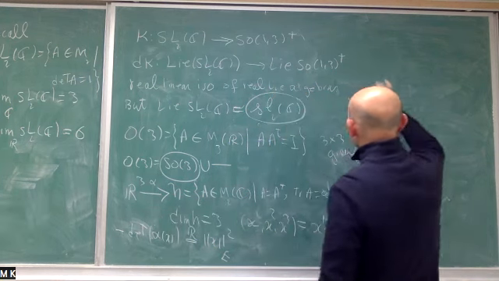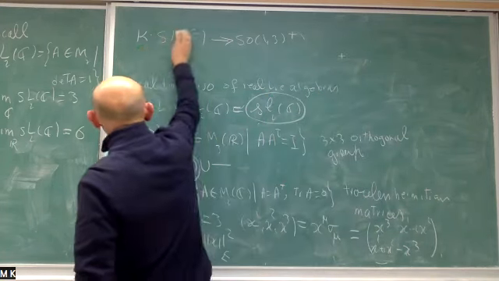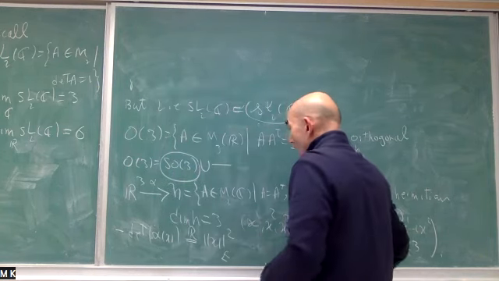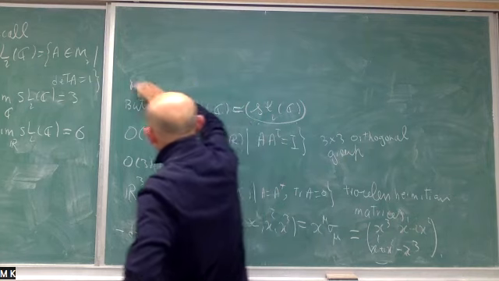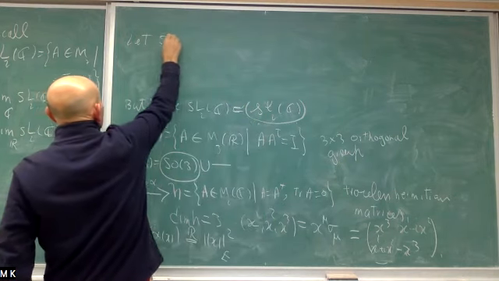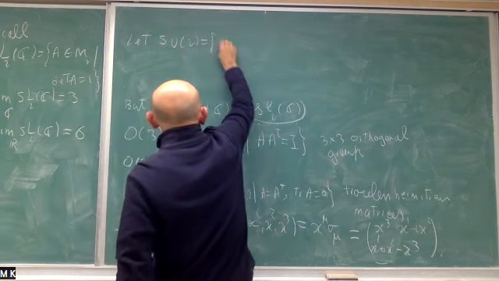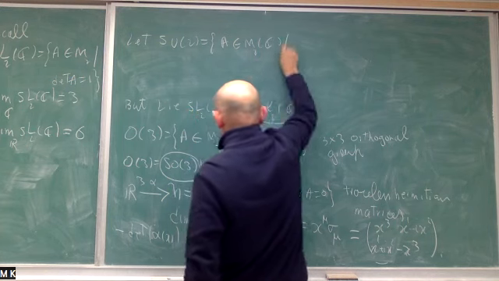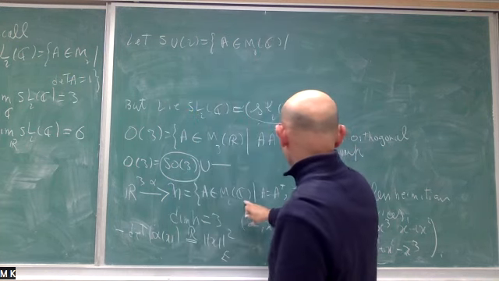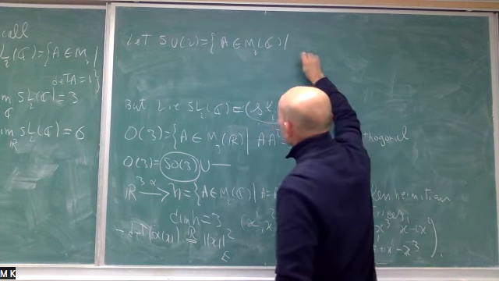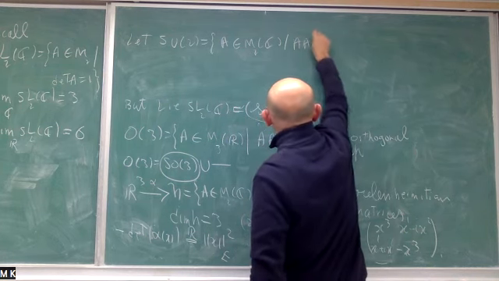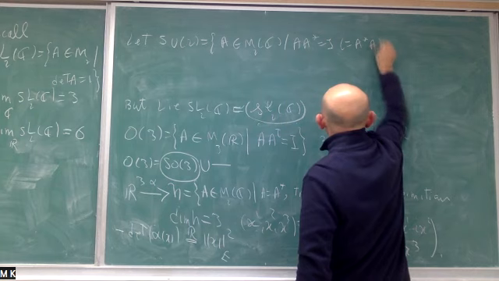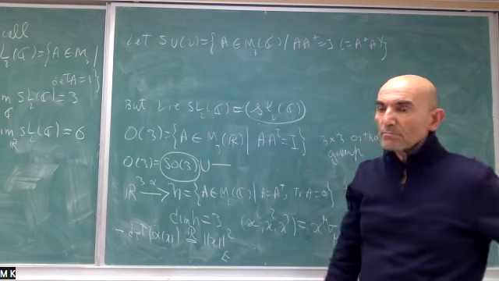Using this, we can now define a map from SU2, so let's define that SU2. This is A belonging to M2 of C such that A star A is equal to 1, which is of course going to be equal to A A star.